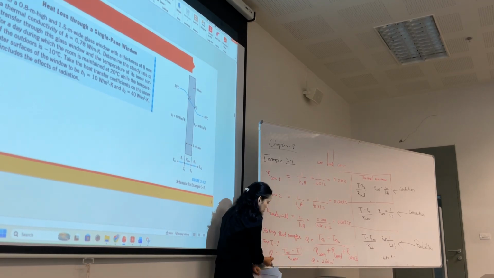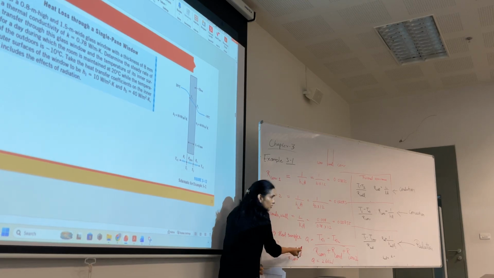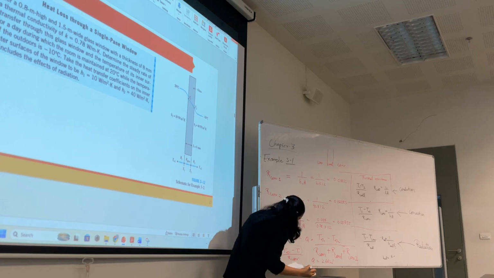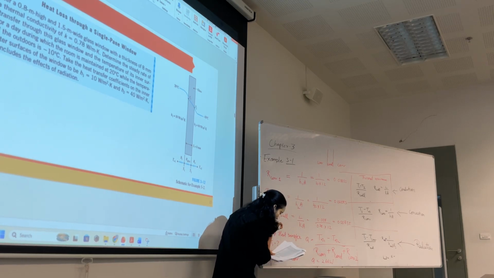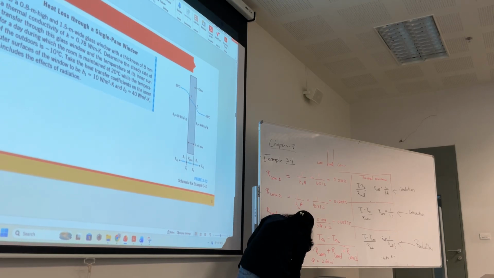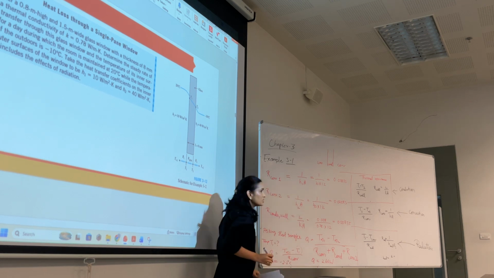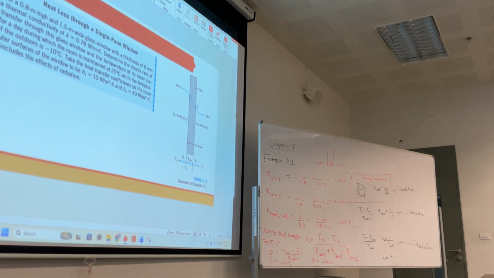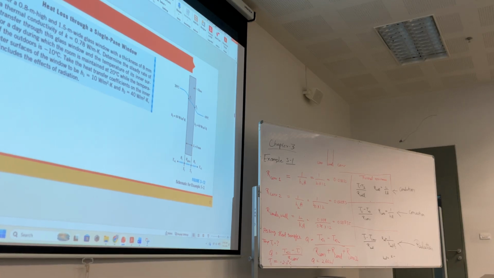You put 266 watts here, this value, and you get T1. T1 will be minus 2.2 degrees Celsius. Okay.